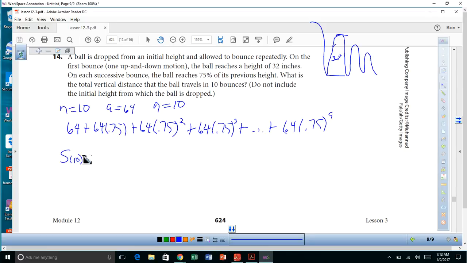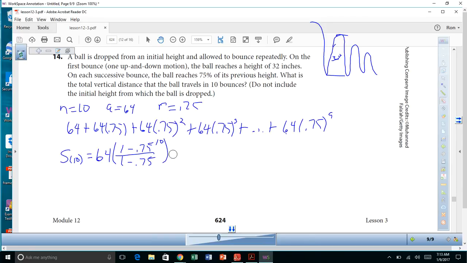So S of 10 equals 64, that's A, times, n is 10, and R equals 0.75, right? So 1 minus 0.75 to the 10th power over 1 minus 0.75. If we put that in our calculator, we get approximately 241.6 inches.